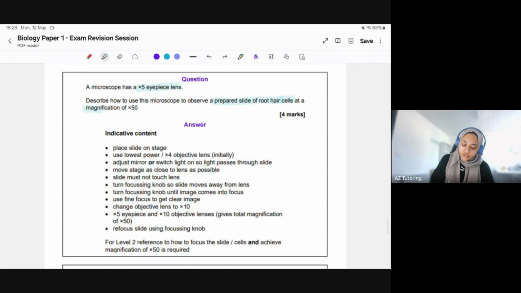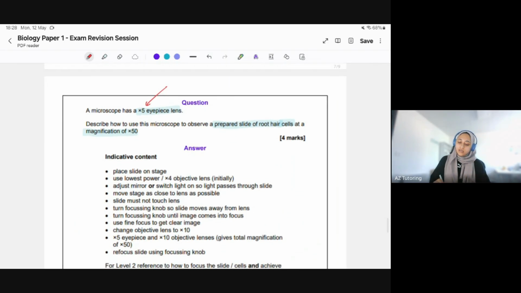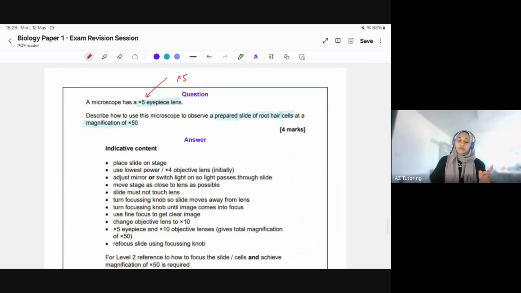It also says in the question at a magnification of 50. So if we've got a times 5 eyepiece lens already, well, we need the objective lens of something to give us 50 altogether. Now remember, our two magnifications, we times them with each other. So 5 times something gives me 50, and that's 10.